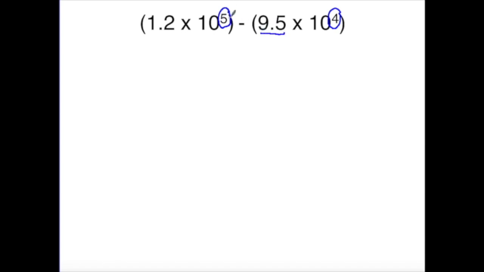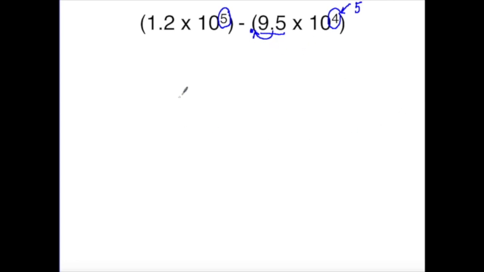It's easy to make this something times 10 to the 5th power by simply moving a decimal. So let's do that. I'm just going to move the decimal one place and put it up here. So my new expression, I've changed the exponent to a 5 by moving the decimal.